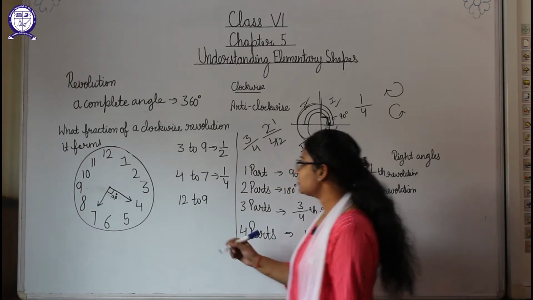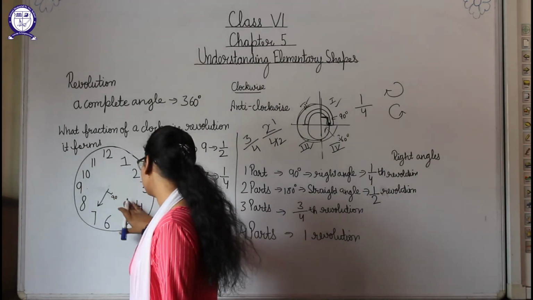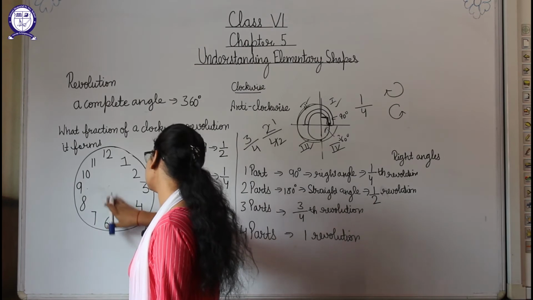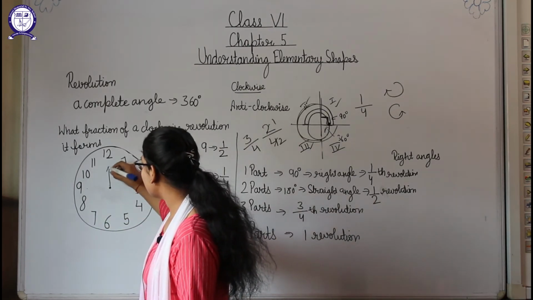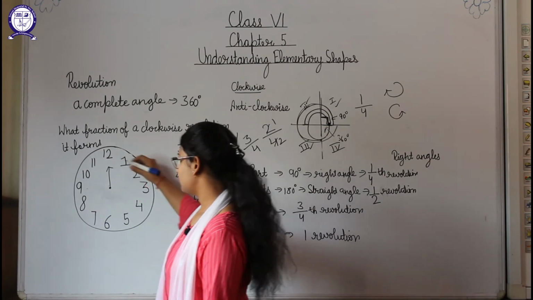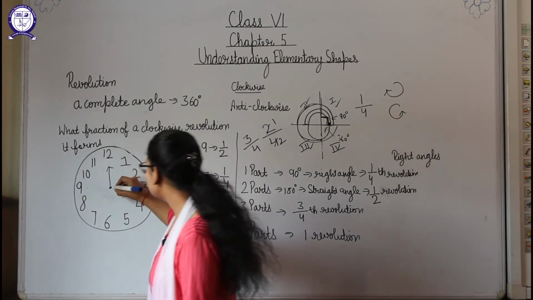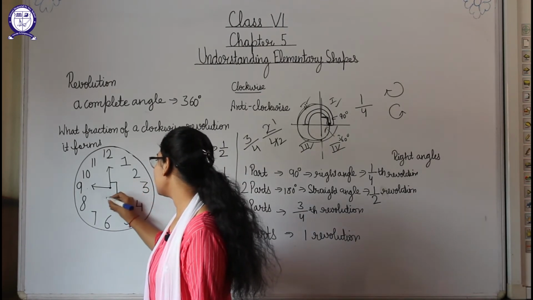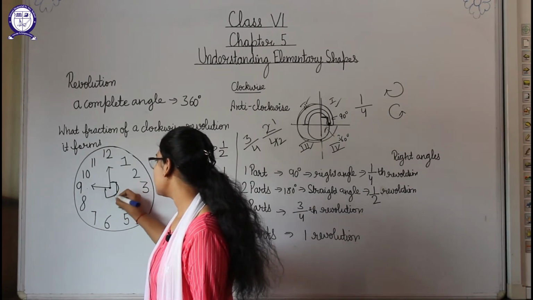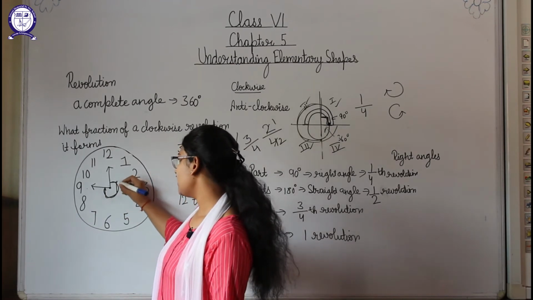Now next one is 12 to 9. We will do it in this. First of all, the hour hand is at 12. Then it rotates and comes to 9. So what angle is it forming? It is forming like this. So how many parts are here?